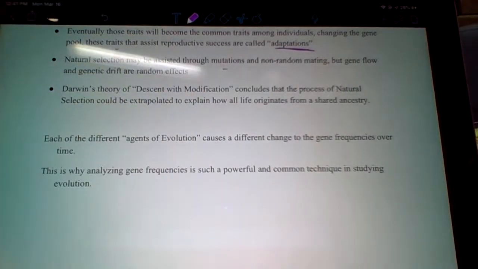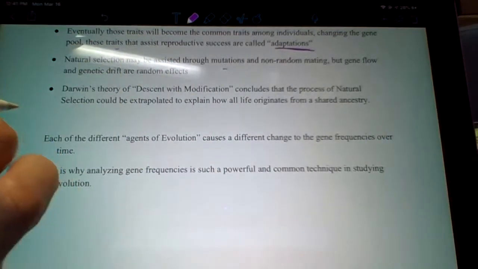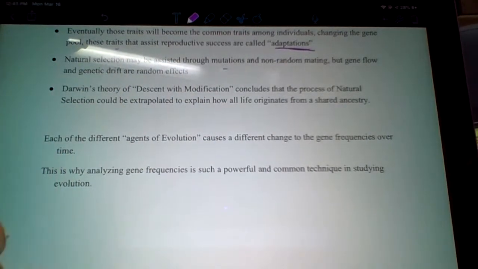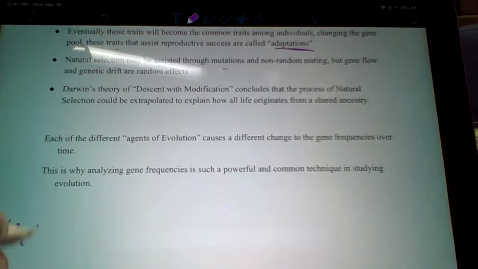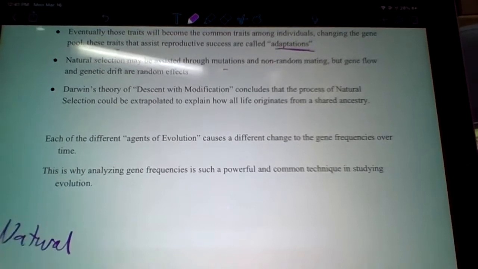So I just want to make one last note here about natural selection. So let's say that we could say something like this. I'll dictate as I write.